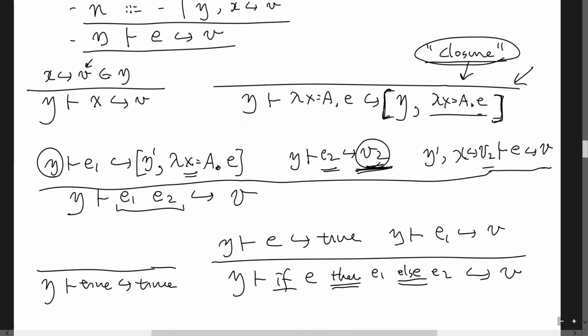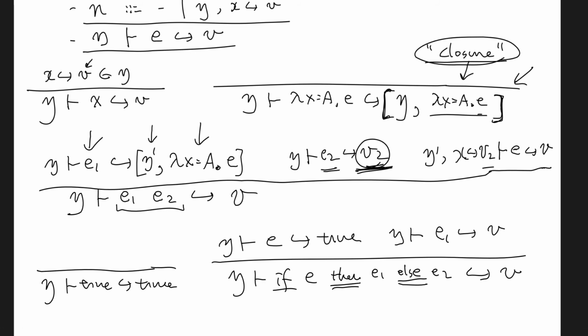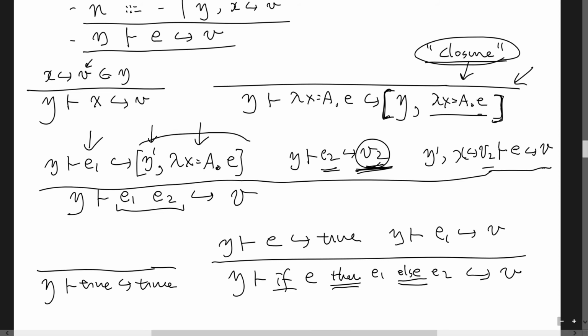So the key difference is this expression E1 returns not just this lambda abstraction, but also returns the environment for this lambda abstraction in the name of a closure. And when we evaluate the body, you have to use the environment associated with this lambda abstraction.